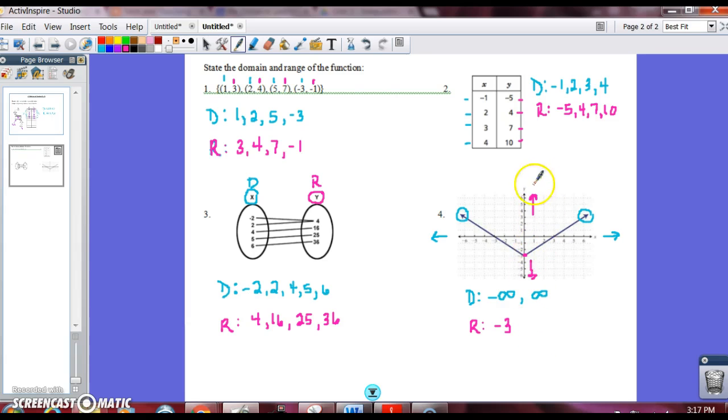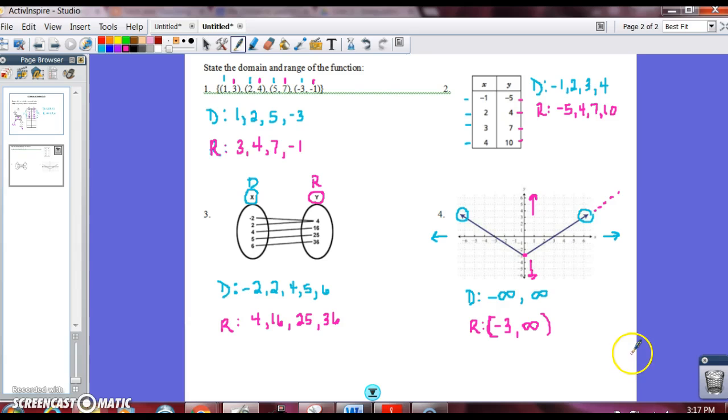The highest my graph goes, if these arrows mean that it goes on forever and ever, that means y can get larger and larger, which means that it can go all the way to infinity. And that's how you would write out the domain and range of a graph.